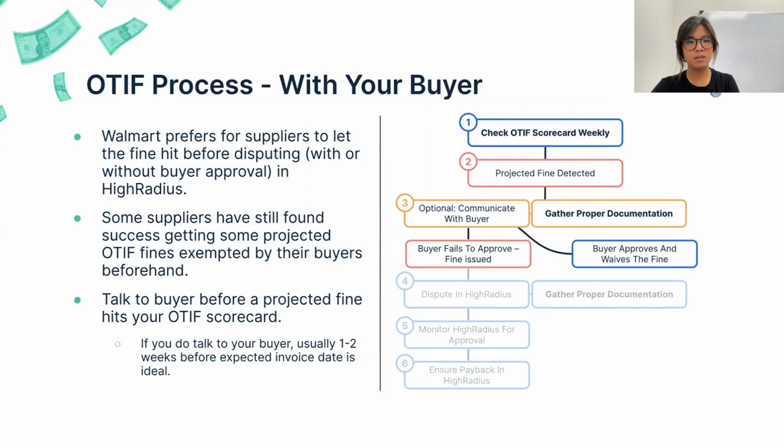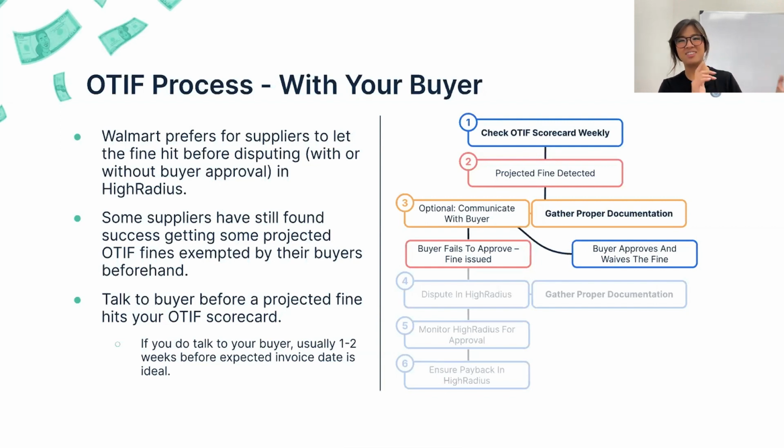The key thing to know about is the OTIF window. Basically, you have the month for the OTIF fines to accumulate. As you probably know, OTIF is about 2 weeks behind at all times. So let's say we're about halfway through February. The month of January is about to close for Walmart OTIF.